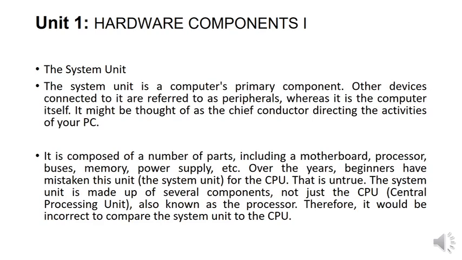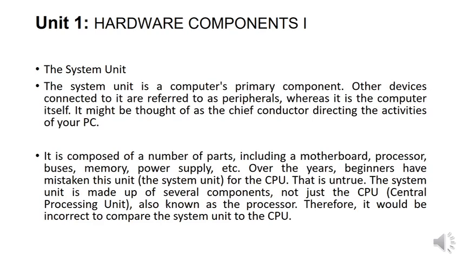So if anybody now asks you what are the components inside a system unit, you should be able not to miss it again. You should be able to tell them that the CPU is there, the motherboard is there, the CPU is your processor, the RAM is there, all those things are inside.